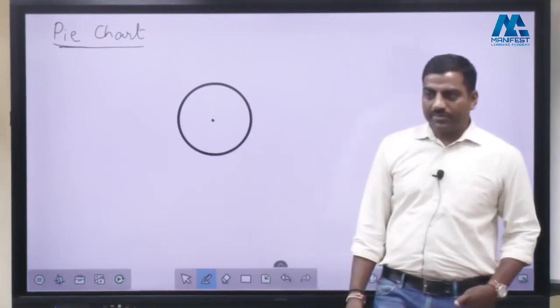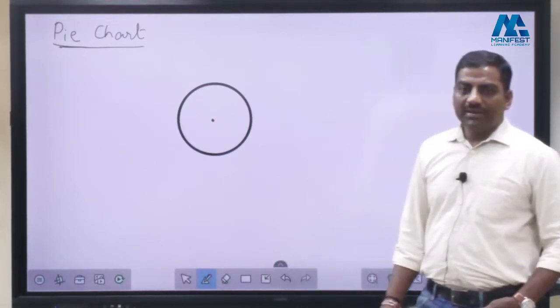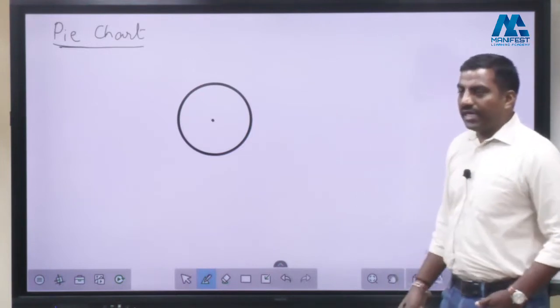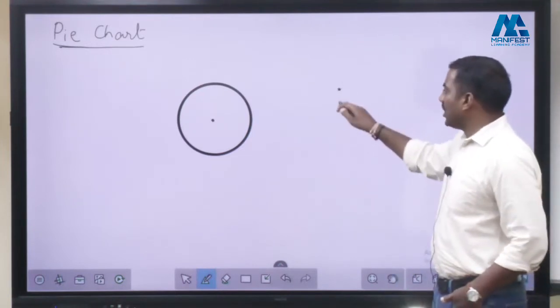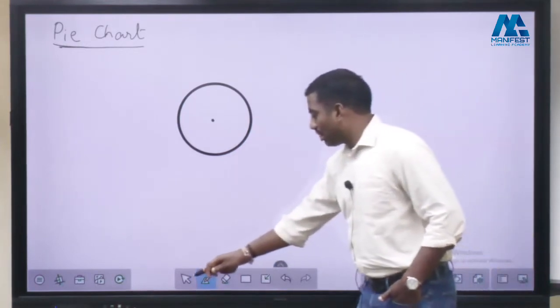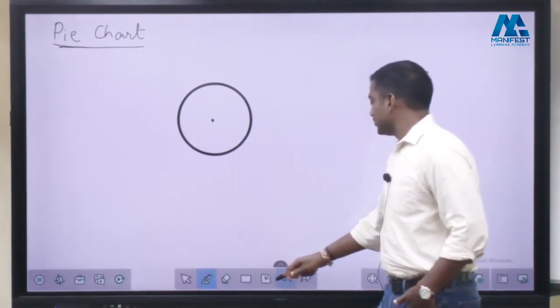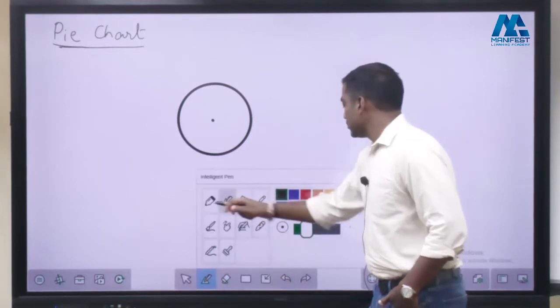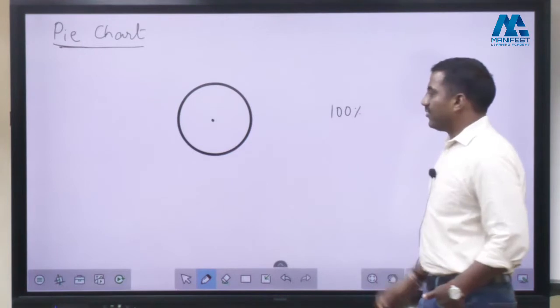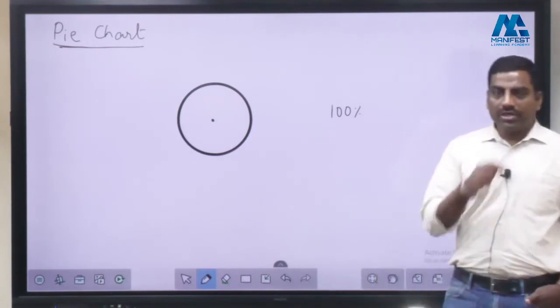Can't we represent some data in terms of a circle? If you are taking the sum of everything to 100%, okay?